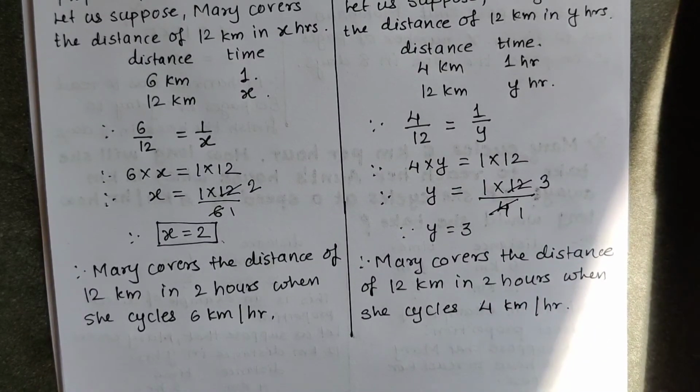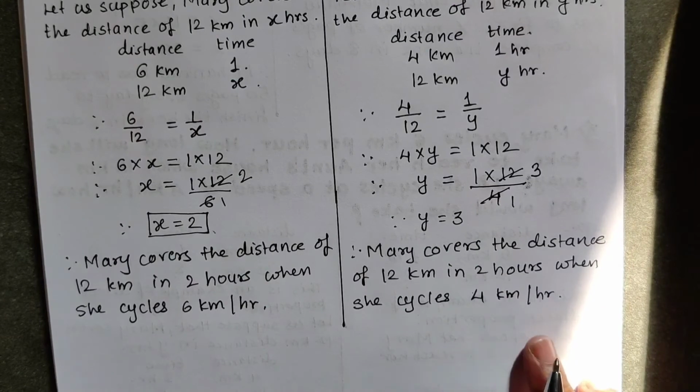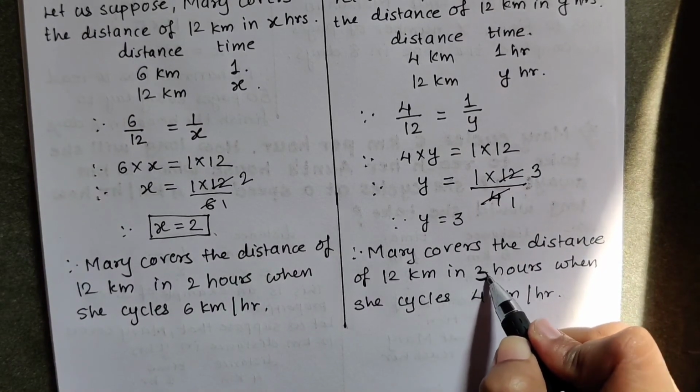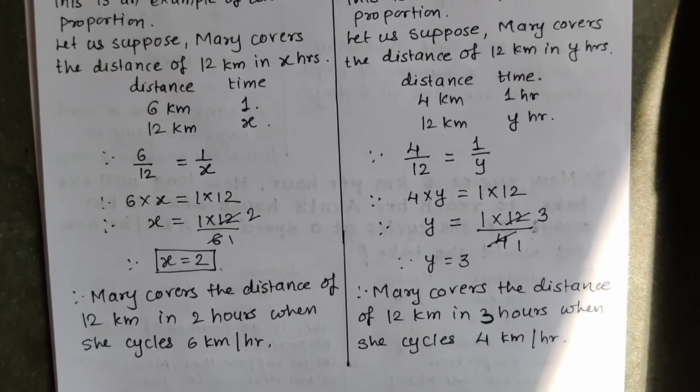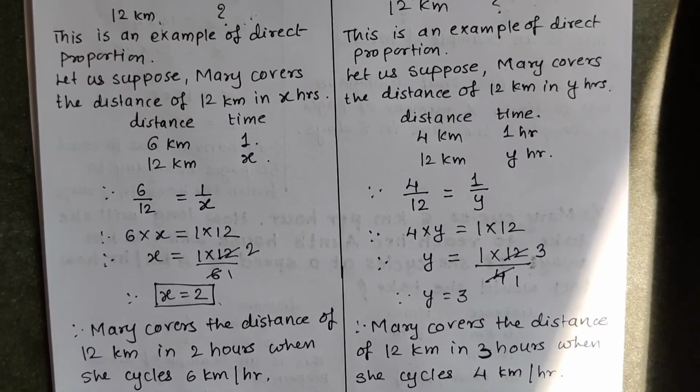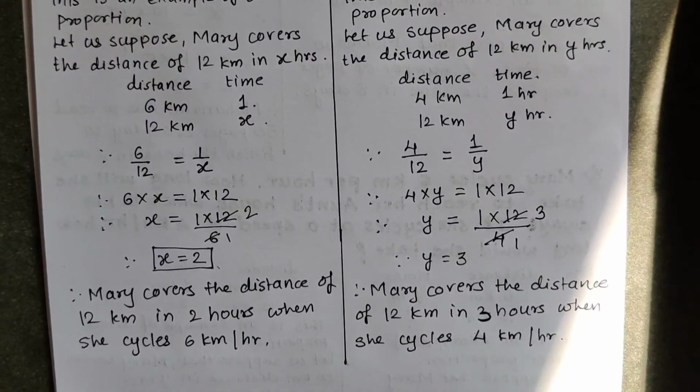Okay, so when speed of her cycle is 4 kilometer per hour, she covers the distance in 3 hours, and when her speed of cycle is 6 km per hour, she covers the distance in 2 hours. In this way, we can complete this third sum by solving both the parts of this question.